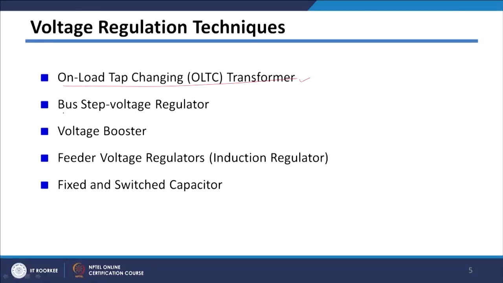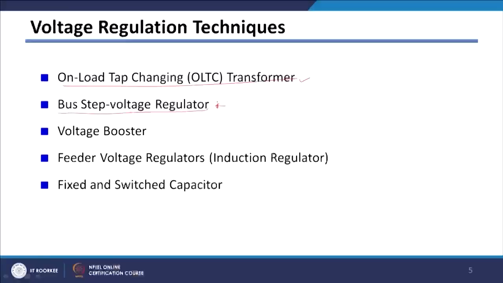Then there are bus step voltage regulators, which are basically connected at the bus. These are nothing but auto transformers, or transformers connected in auto transformer fashion. We will see how we can model them and how they regulate the voltages in the next few slides. Then there are voltage boosters.